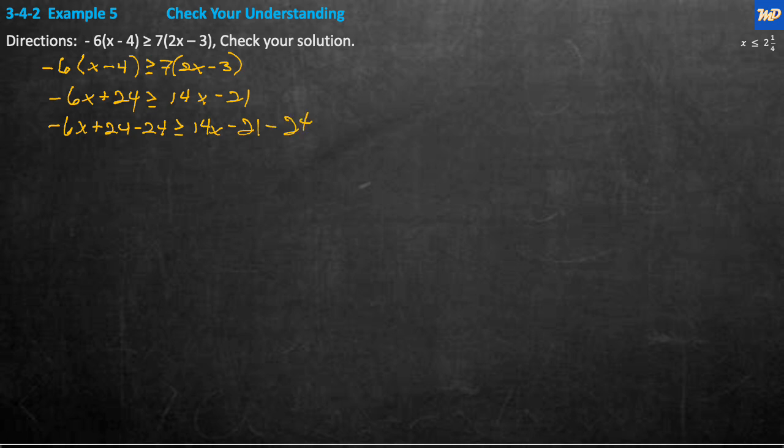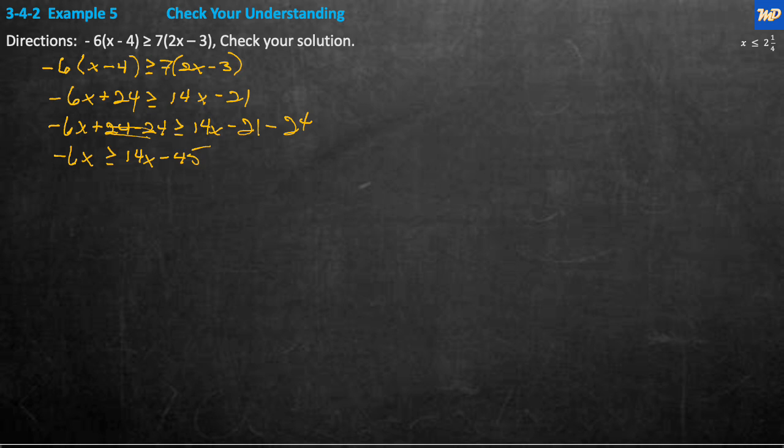And now we're going to combine like terms so that the 24s will cancel. We have negative 6x is greater than or equal to 14x minus 45.